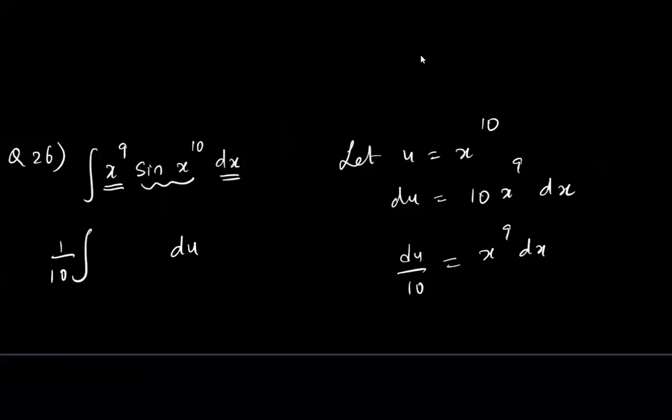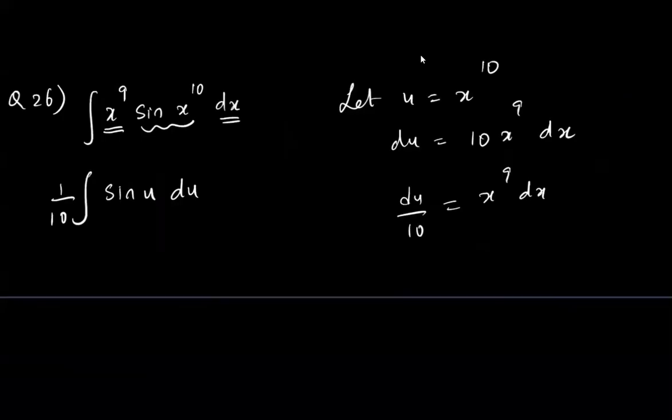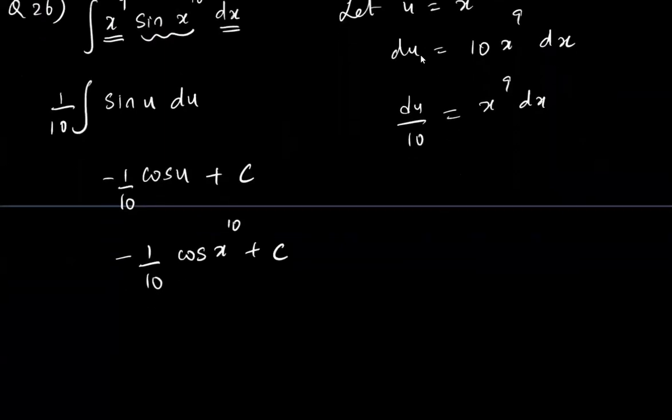Then this one can be written as sine u. So then this becomes negative cosine u. So this is negative 1/10 cosine u plus c, which is negative 1/10 cosine x to the power of 10 plus c.